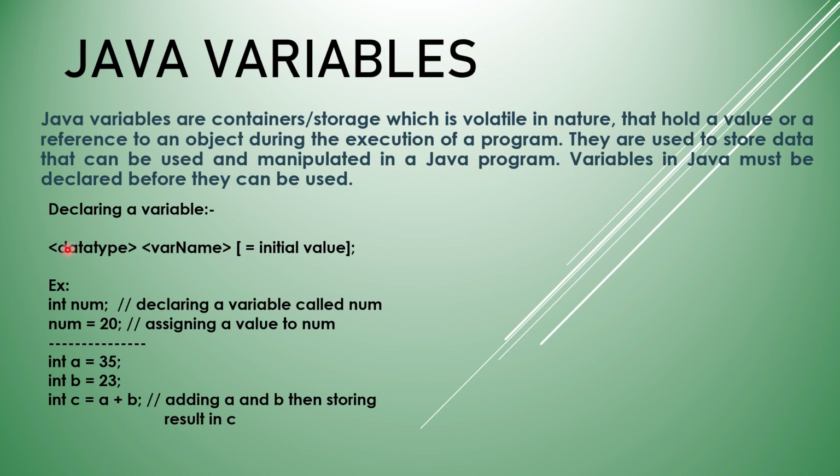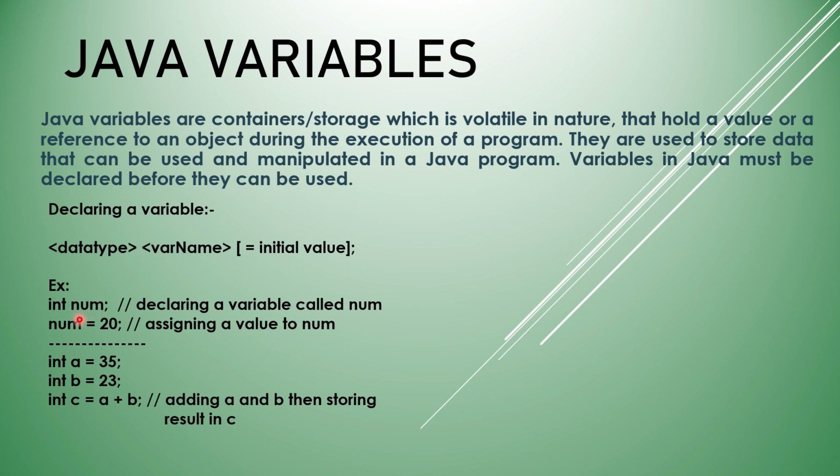According to the syntax, I have given the data type first, that this variable will store an integer value, and the variable name is num. So this num is the identifier for the variable which is of type integer.